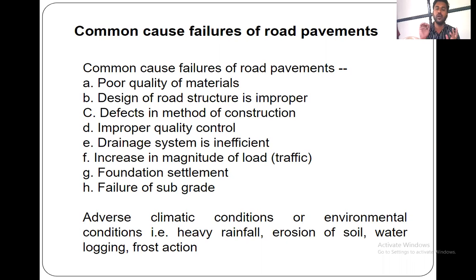By the maximum flood or by the velocity of that water, erosion of the banks of the embankment that we have placed for the road will start, for the sub-base layer, base layer. So due to this erosion, the carrying capacity will also decrease. Also, the water tries to enter into the base course, sub-base course. Ultimately it affects the bearing capacity of that layer. So proper drainage should be provided.